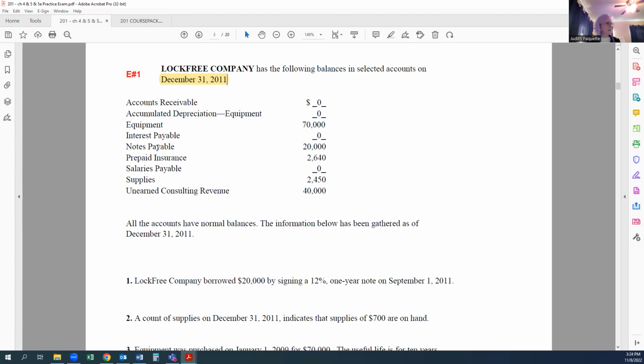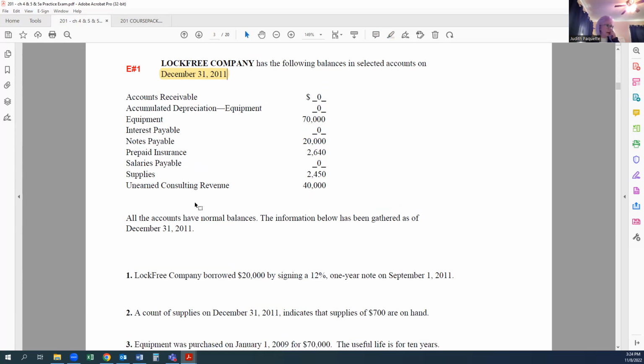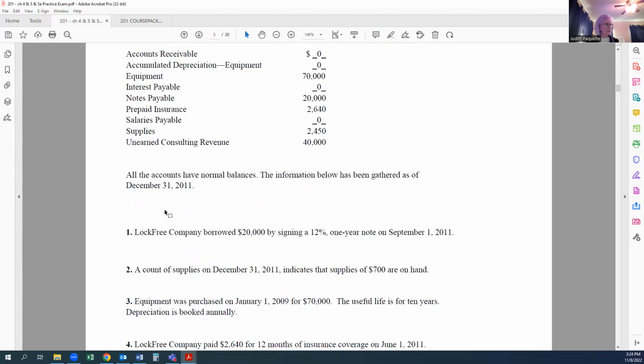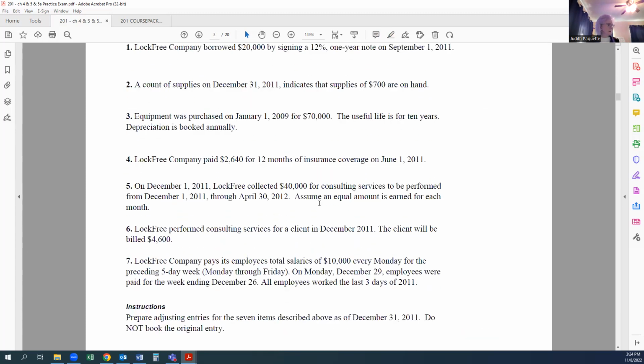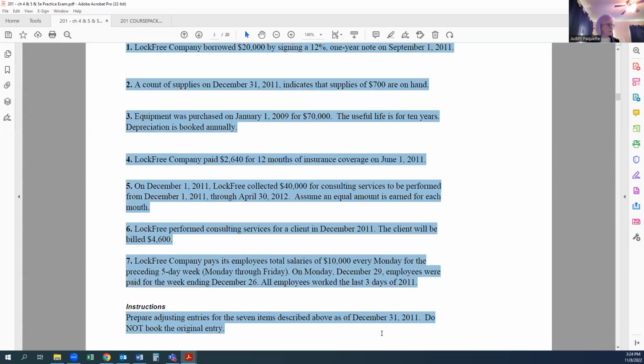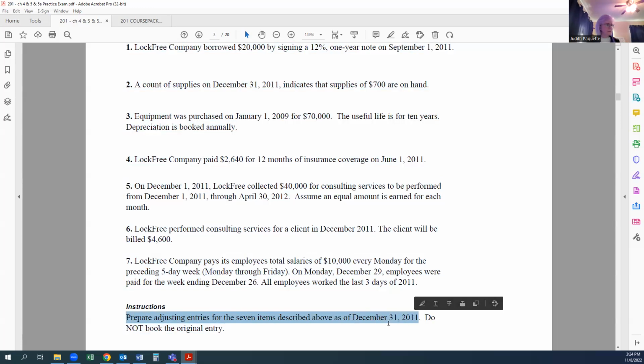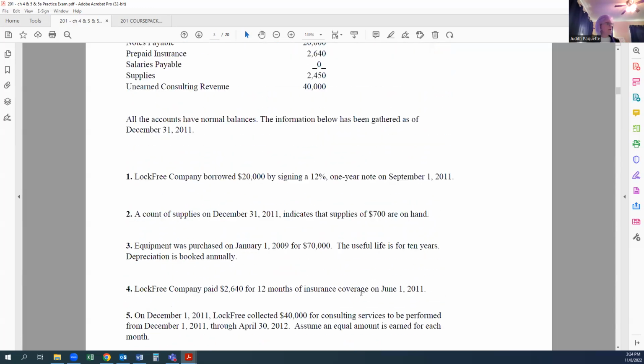If it's a liability account, like notes payable, we know that's a credit balance because that's its normal balance. The information has been gathered as of December 31st, 2011. Then go right to the instructions. Prepare adjusting journal entries for the 7 items. Do not book the original entry.